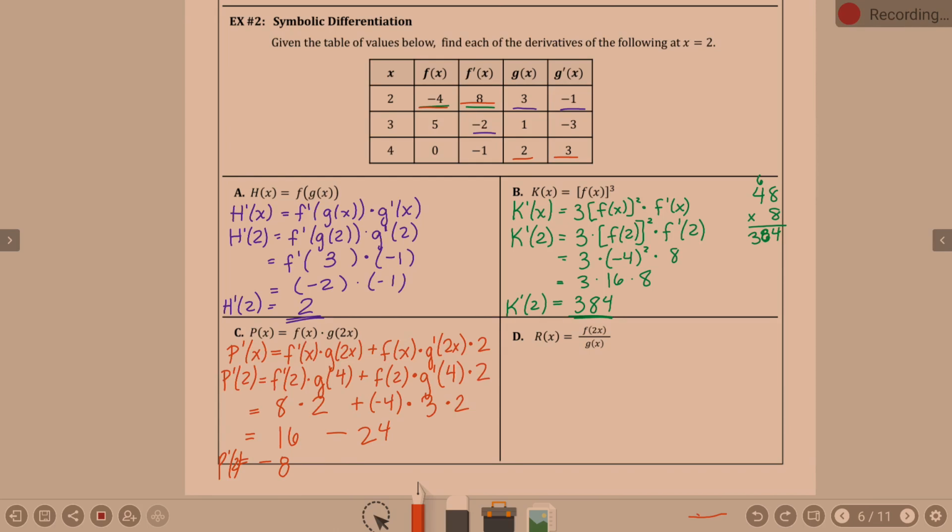Okay. You guys end up where I ended up? You end up with 16 minus 24. 16 minus 24 is negative 8.